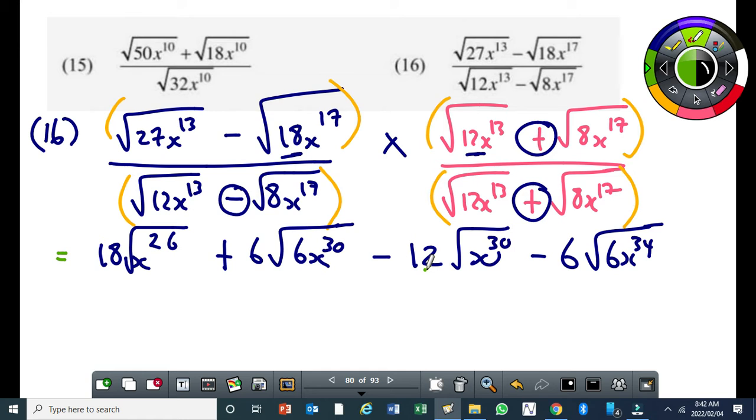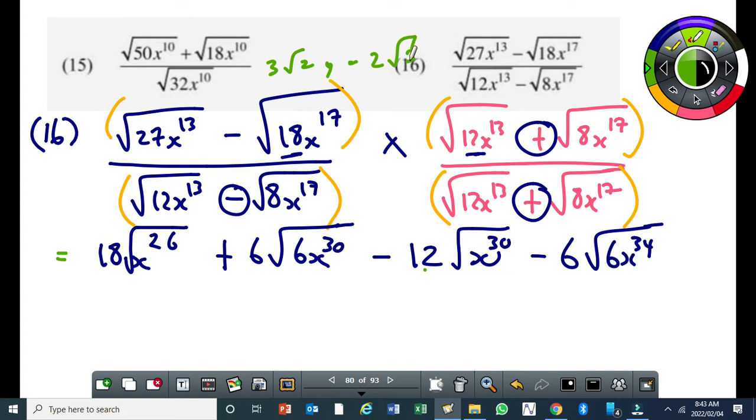Then, okay, let me just check this. So that will be 3 root 2 times this one here, it will be times 2 root of 3. So there should be 6 square root of x to the power of 30.